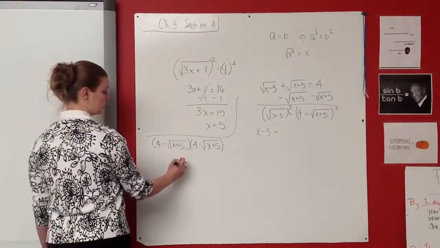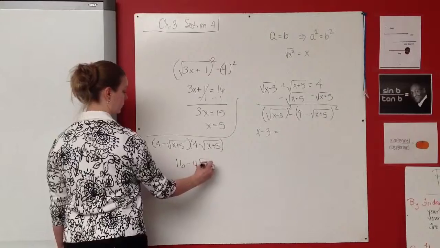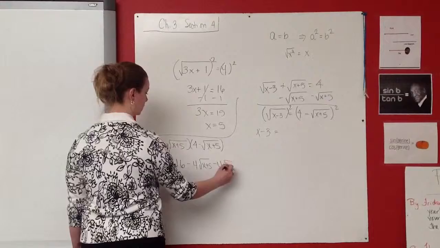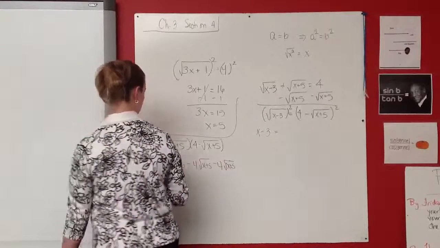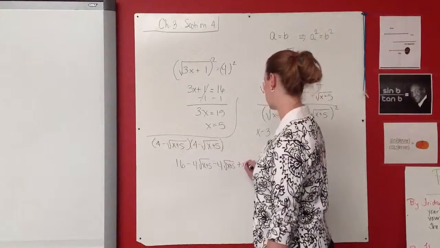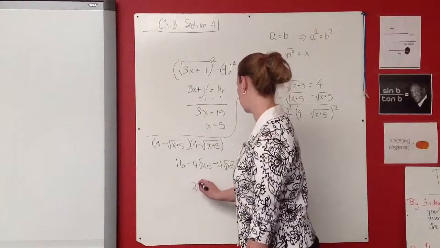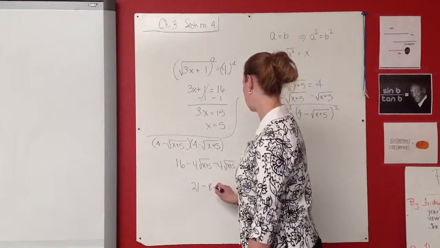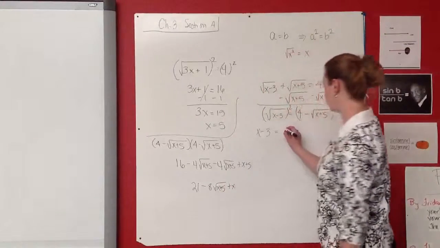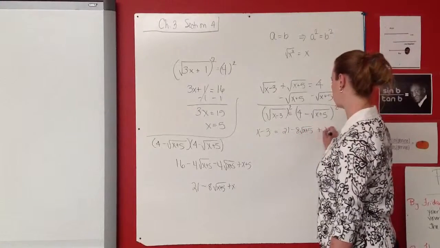So 4 times 4 is 16, minus 4 root x plus 5, minus 4 root x plus 5, plus this times this is x plus 5. So you have 16 and 5, which is 21, minus 8 root x plus 5 plus x.